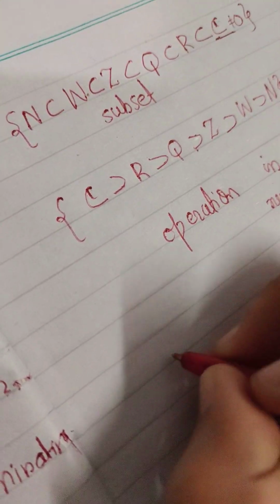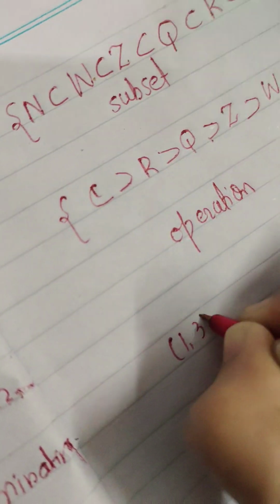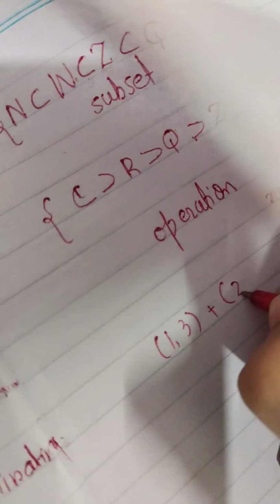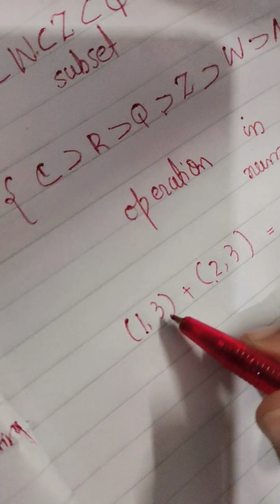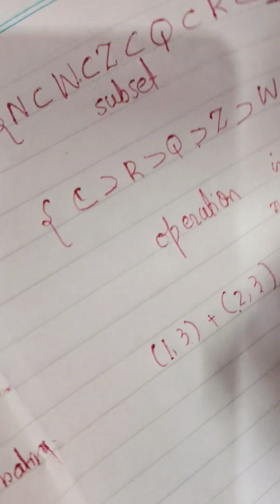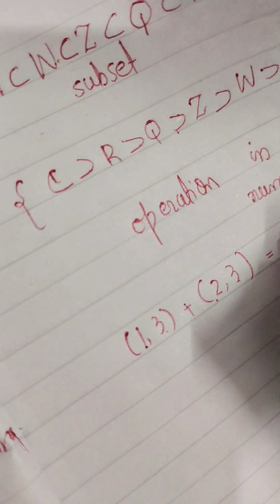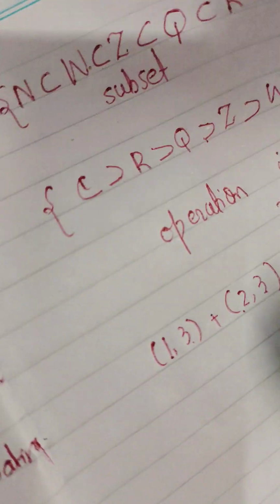Okay, so the first formula, it's very common, addition. The addition in the complex number is very common, so we usually add the real part and the imaginary part. 1 plus 2 is equal to 1 plus 2.